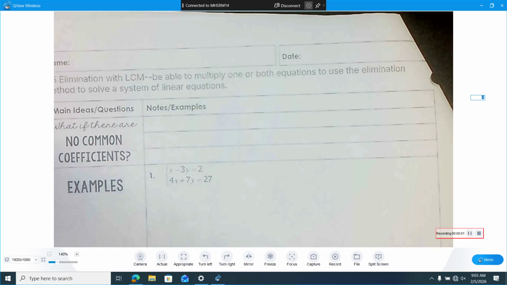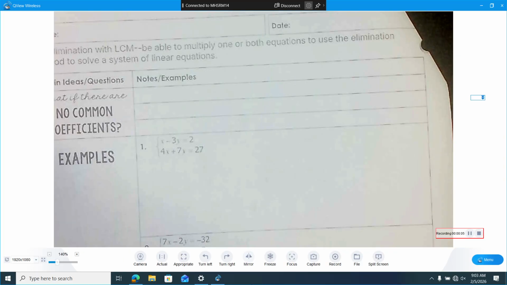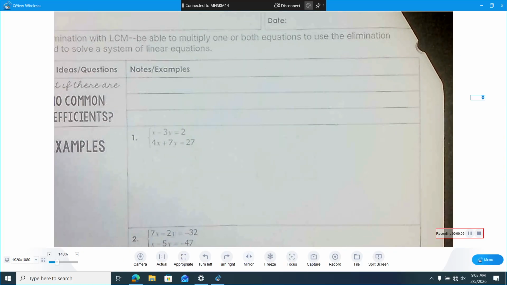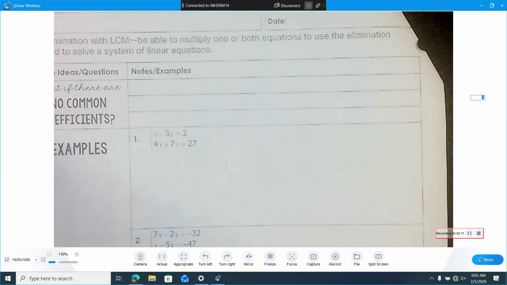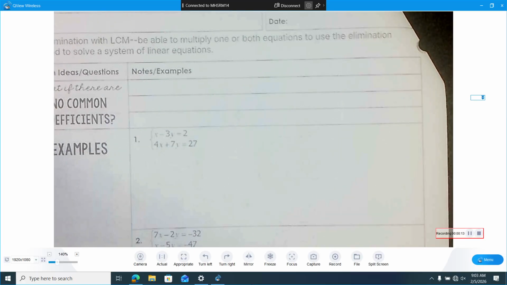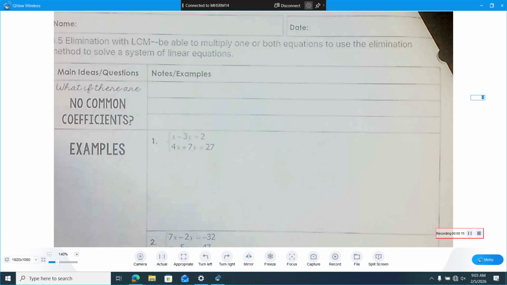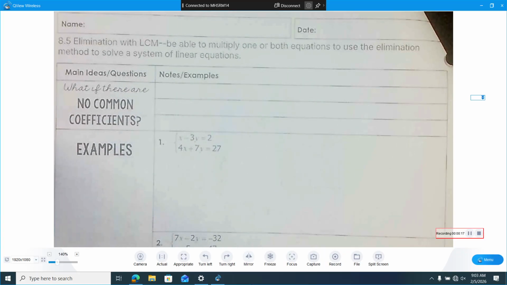I did update your grades just a minute ago, so you want to check those. Make sure you're completing what you need to complete. And again, if it's paperwork that you need to turn in, get that turned in. If it's half done, that's better than a 0. All right?